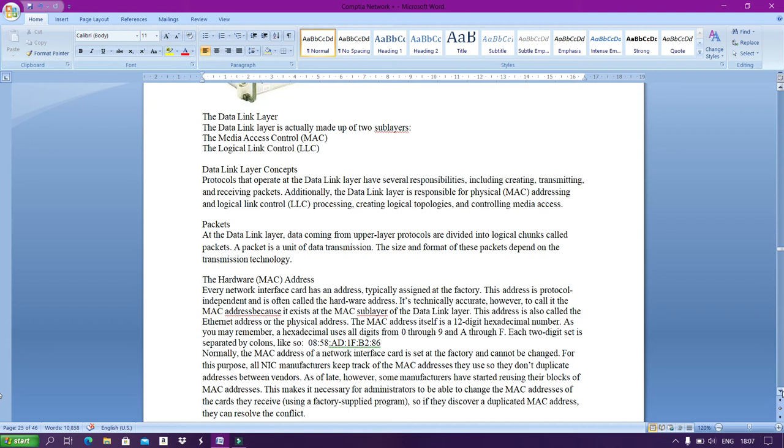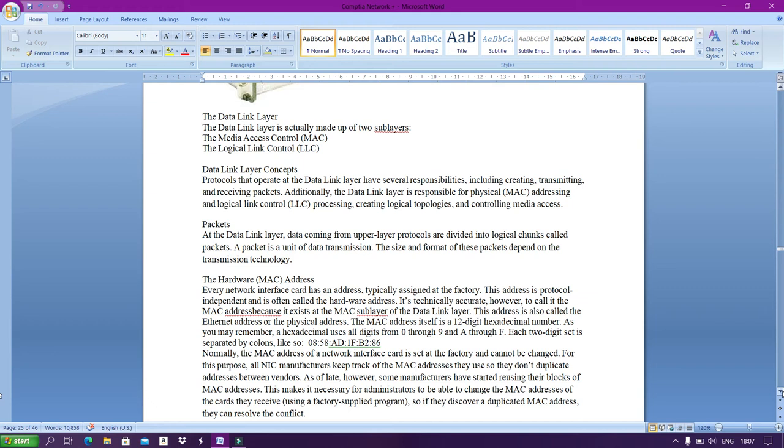Additionally, the data link layer is responsible for physical MAC addressing and logical link control (LLC) processing, creating logical topologies, and controlling media access.